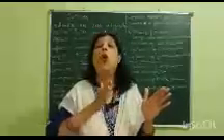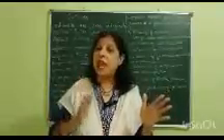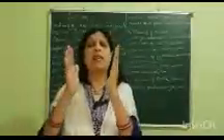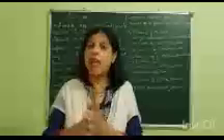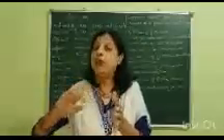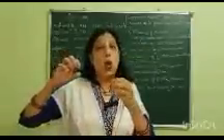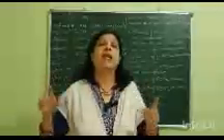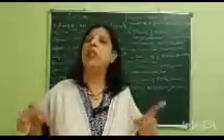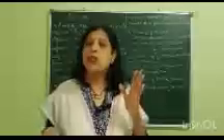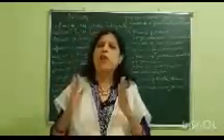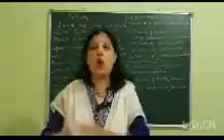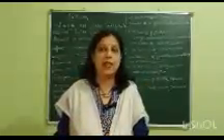Now an honest man, an honest man. Honest, here again H is silent, and the rest of the word, honest, begins with O, a vowel, right? So in this case we are again using an before honest because H is silent.